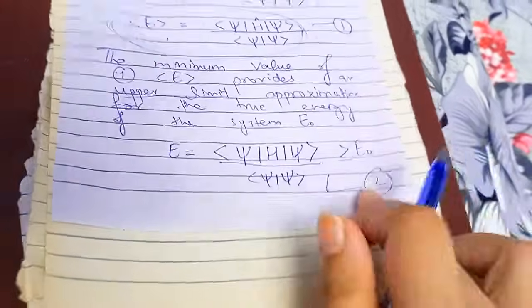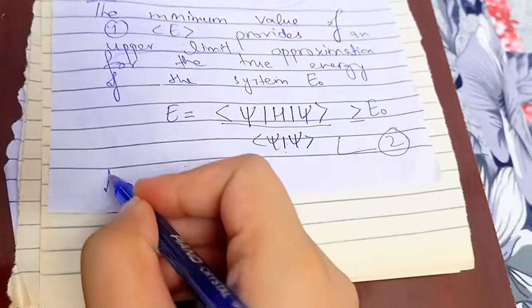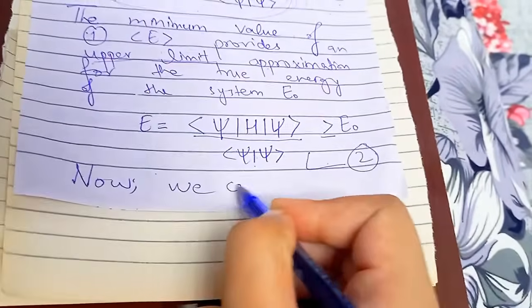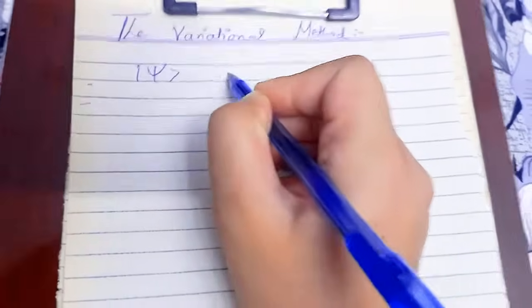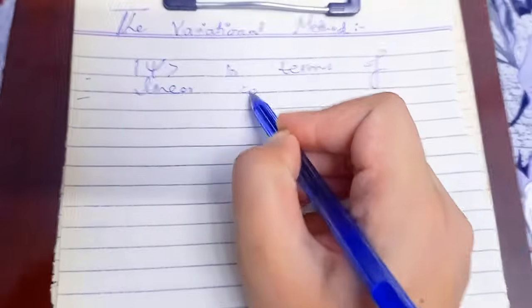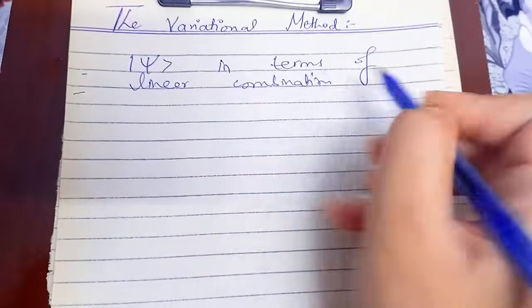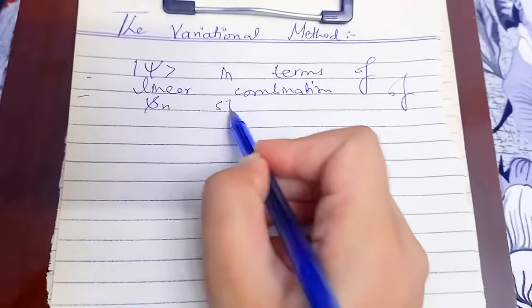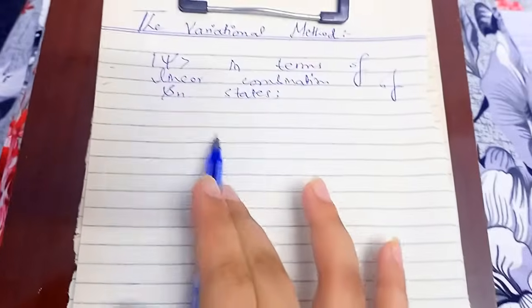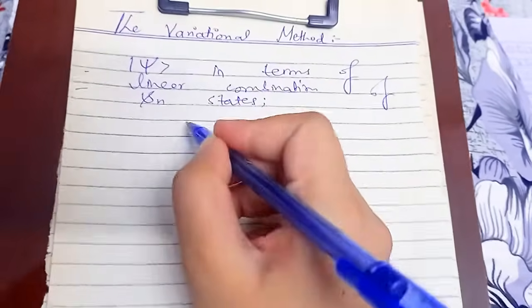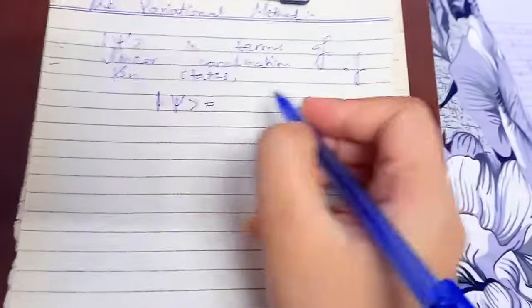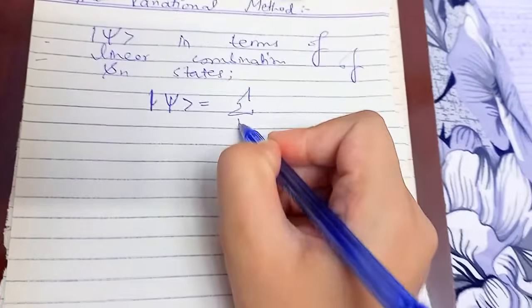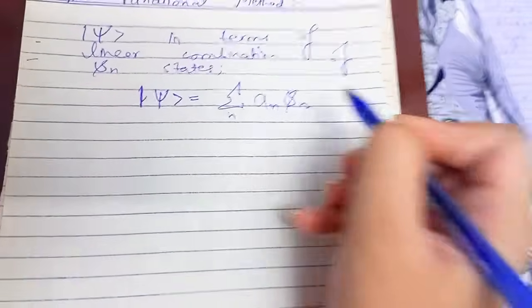Now let's prove this statement. Let's call it 2. Now we can express psi as a linear combination of psi n states. We are very familiar with this representation when we express a wave function as a linear combination or superposition of many orthogonal wave functions.